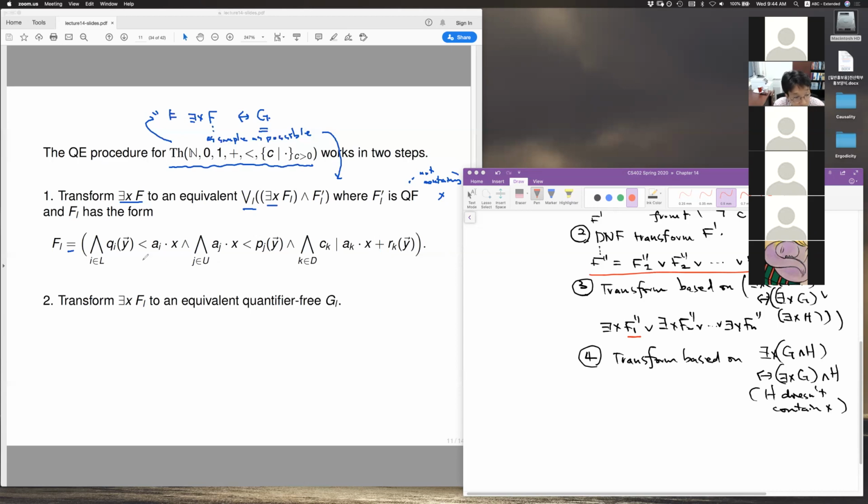So we have some cases where all of them contain X. In some cases X is on the right-hand side of this less-than relation, so X is on the greater part of this less-than relation, with multiple copies of X. Here a_i is always just some constant, and this is a term.